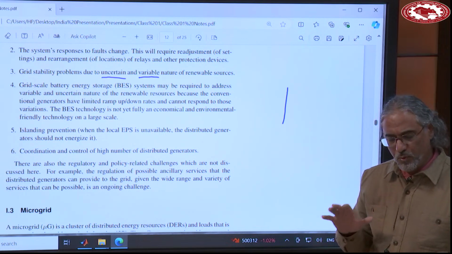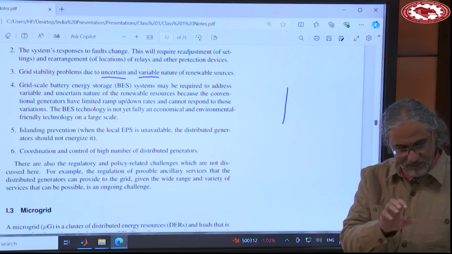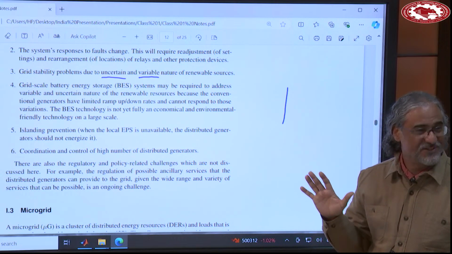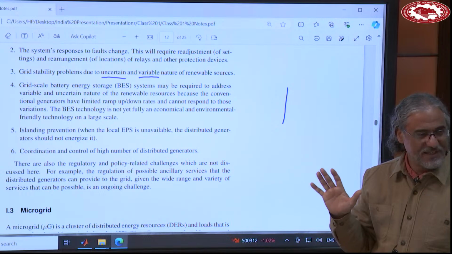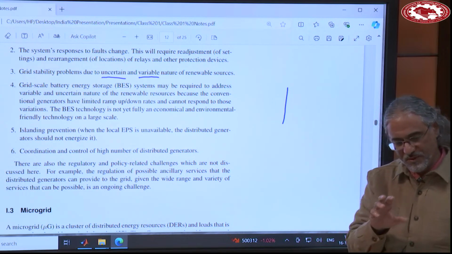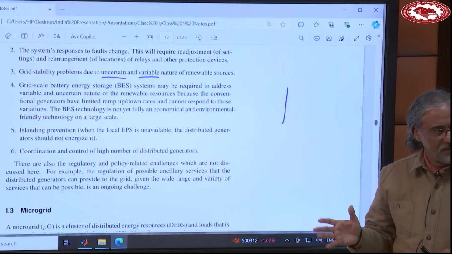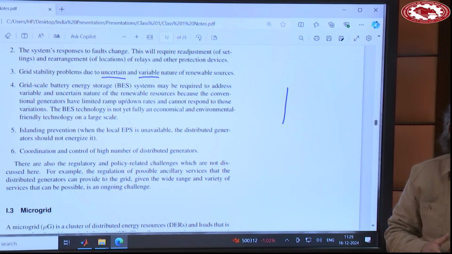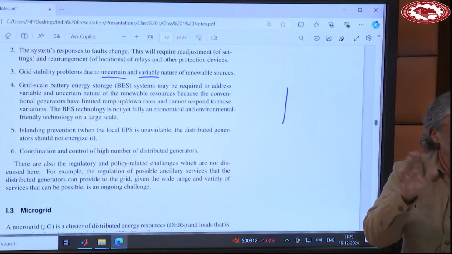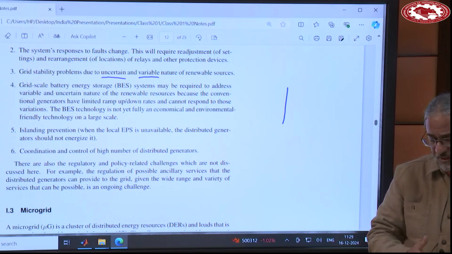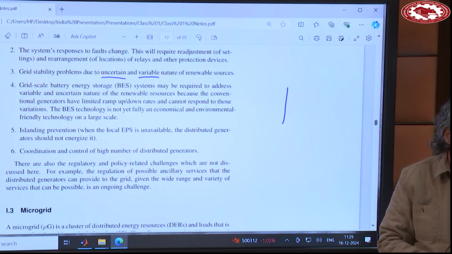In other words, you don't want to have an island when you don't want it, because it's dangerous. Right? Let's say part of the power system is going through a problem. In the conventional unidirectional power system, the protection device opens, or you open that part of the circuit, and then you go there and fix the problem.